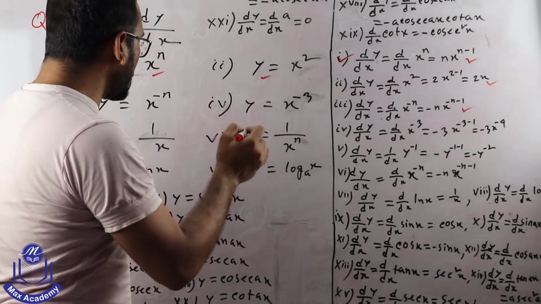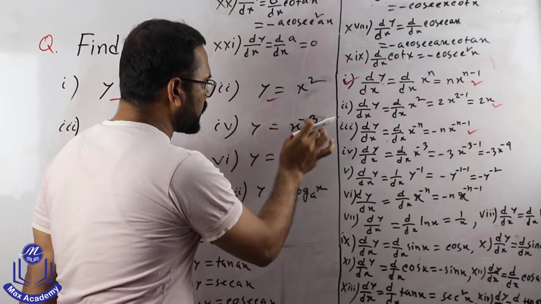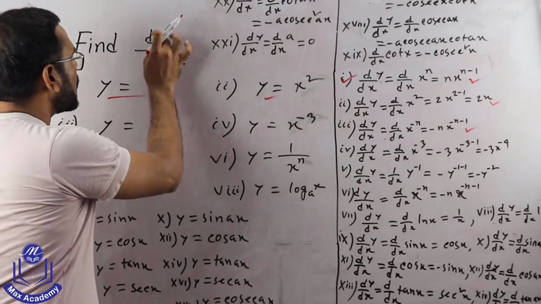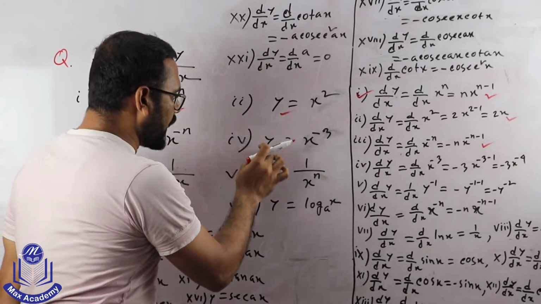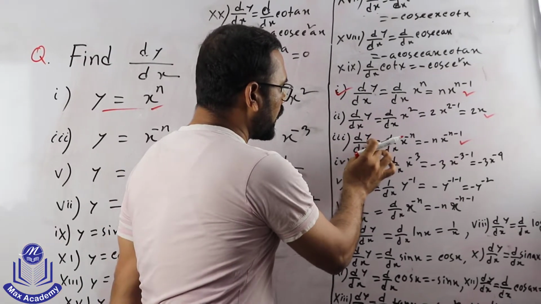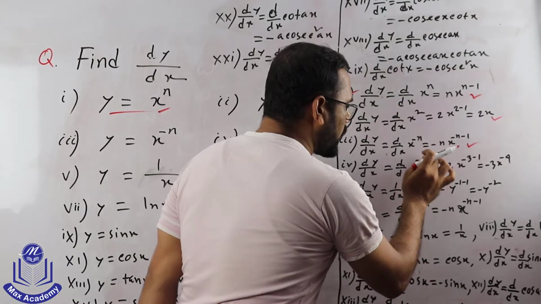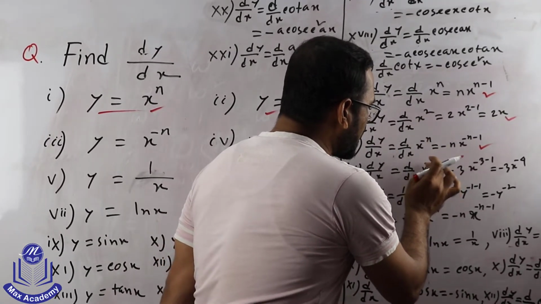Then question number 4. Here the question is y is equal to x to the power minus 3. Now we need to find this derivative d/dx of y. So we need to take d/dx here, and then d/dx of x to the power minus 3. Have a look, here the change is nothing but minus 3.